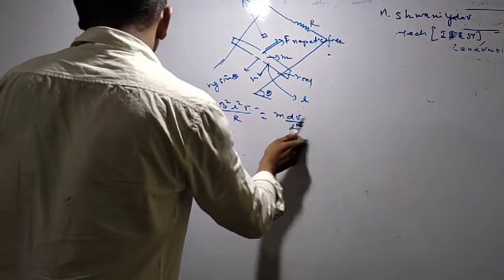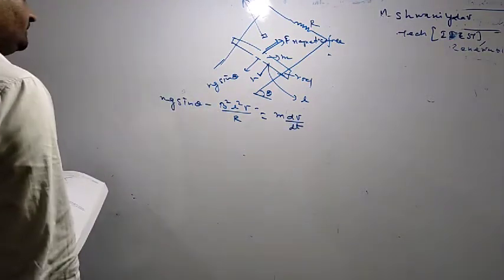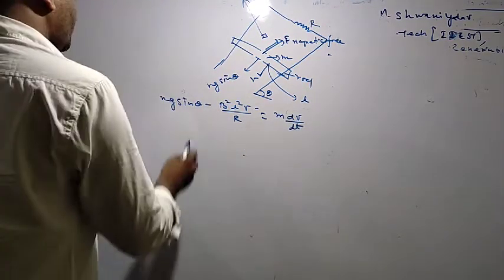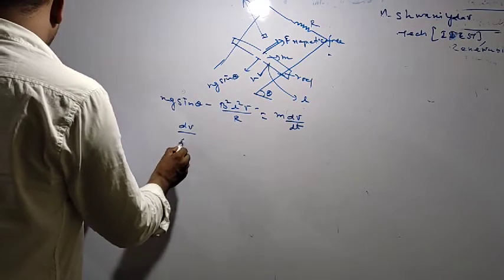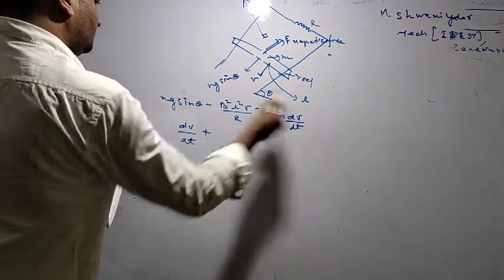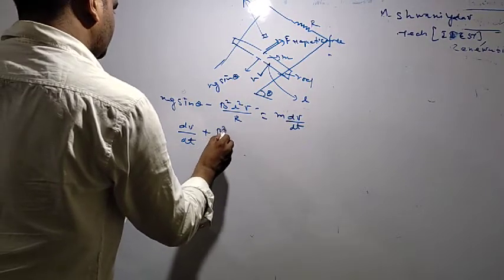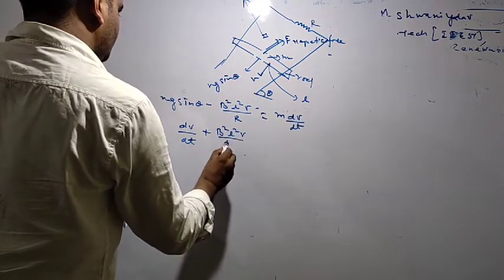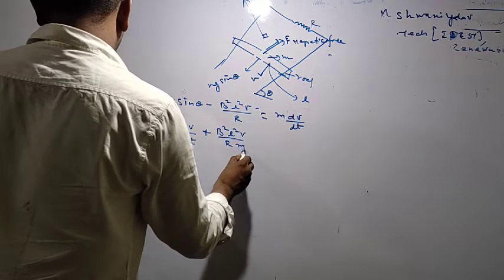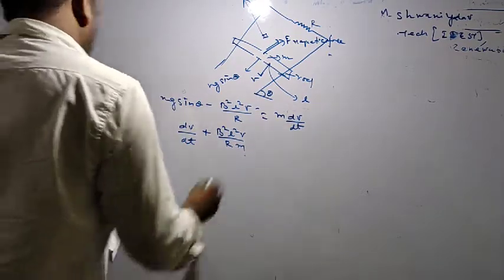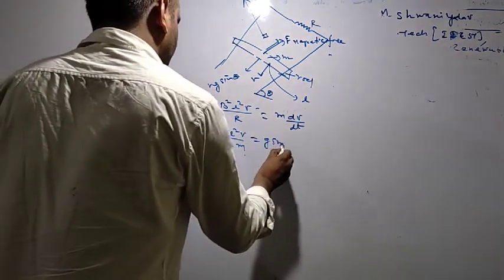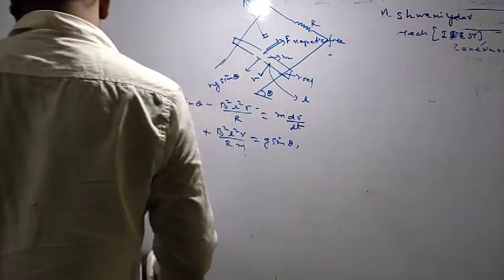So we have dv by dt plus, because velocity is in this direction, B square L square v over mR, equal to g sin theta. This is your differential equation.